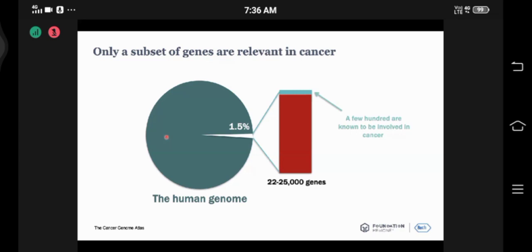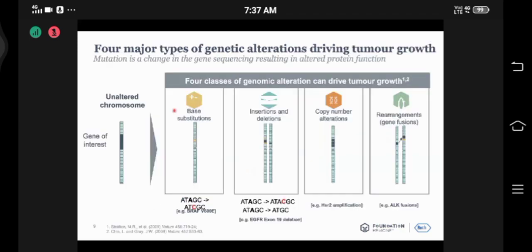Either an alteration in an oncogene can lead to increased proliferation, or a tumor suppressor gene, which is ideally supposed to suppress cancer, is altered. That can also lead to cancer. So now the area of interest is a few hundred genes which can be altered and which can ultimately lead to cancer. Only a subset of genes are relevant in oncology.